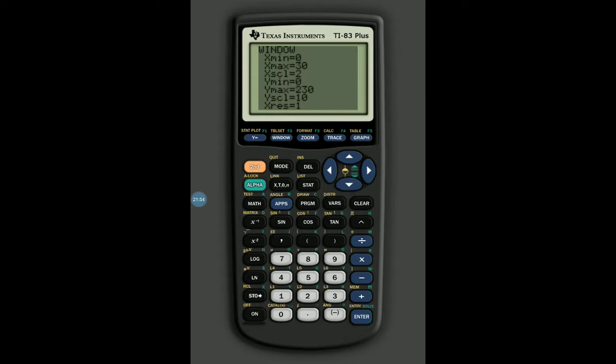So I'm going to change my Y max to 500. And I'm not sure how far to go out here, so I'm just going to make a guess. Let's go maybe 80 units out and see where that puts us. Alright, so it seems like that works pretty well. So there's our nice S-curve. There's our logistic model.